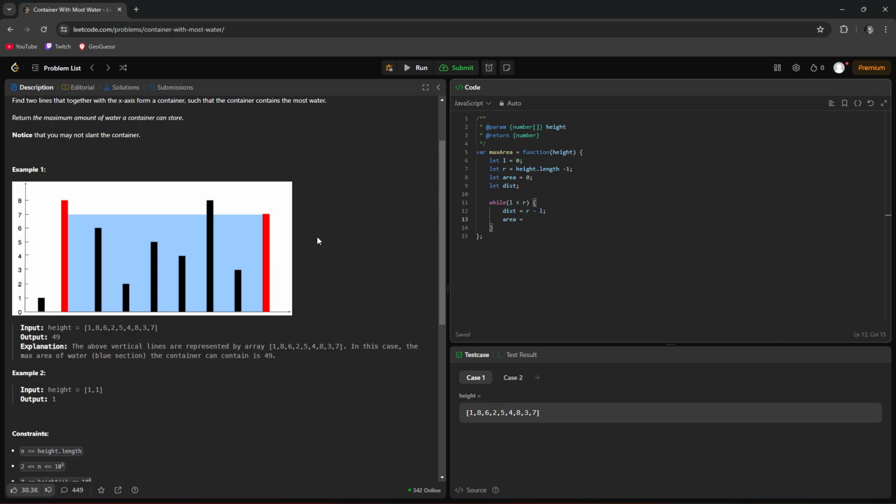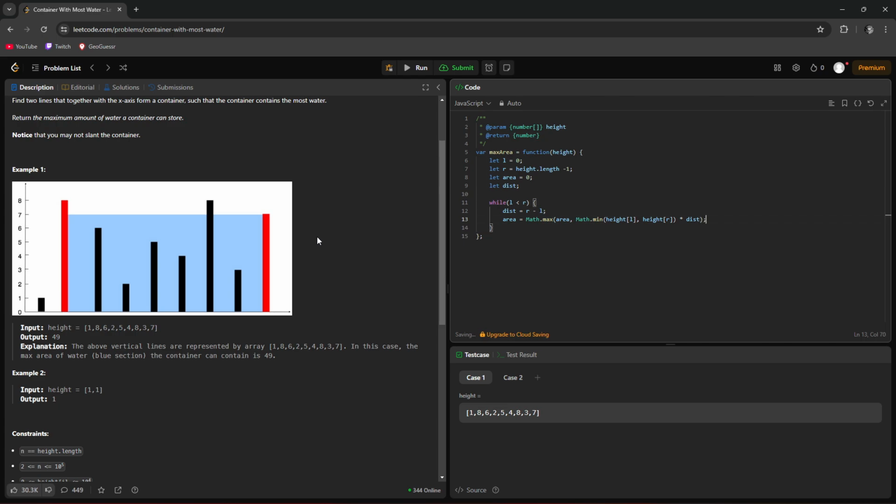And the area is going to be equal to the max of the current area versus, so we need a min of height of L and height of R, and then we'll times that by the distance.